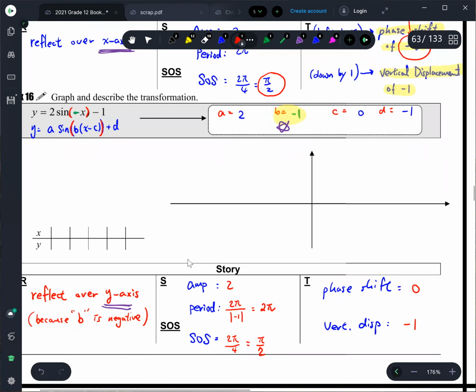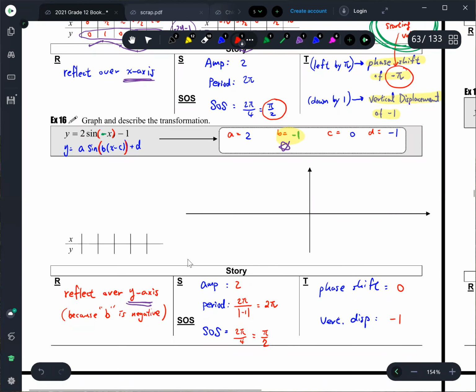For this one, the phase shift, instead of saying 0, it's better to just say none. So there's no phase shift.